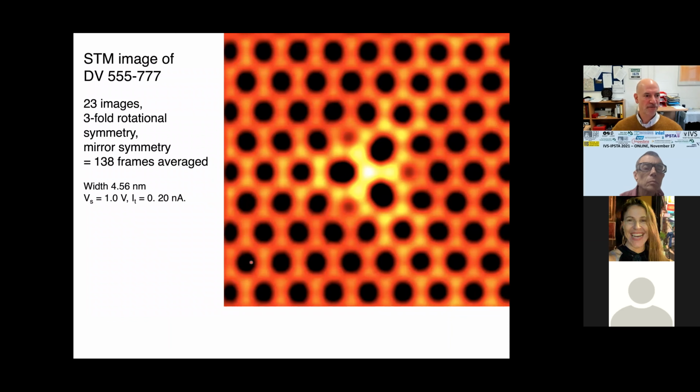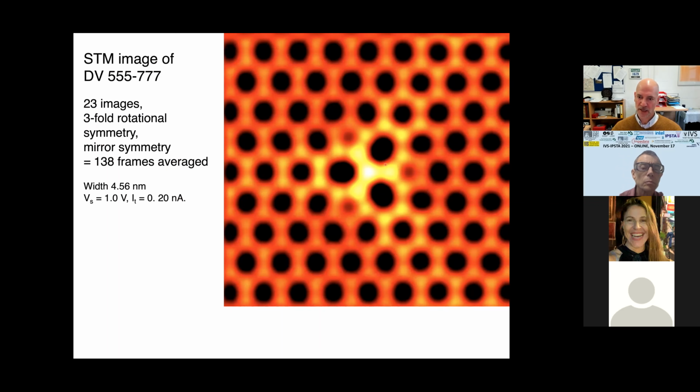I also have here an image with threefold rotational symmetry. This is now 138 frames averaged. Here we can see what's called a vacancy defect in this honeycomb. You can see three five-fold units, and then we have these seven-fold units here.